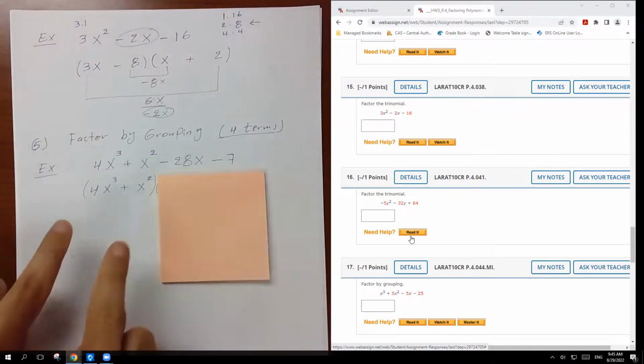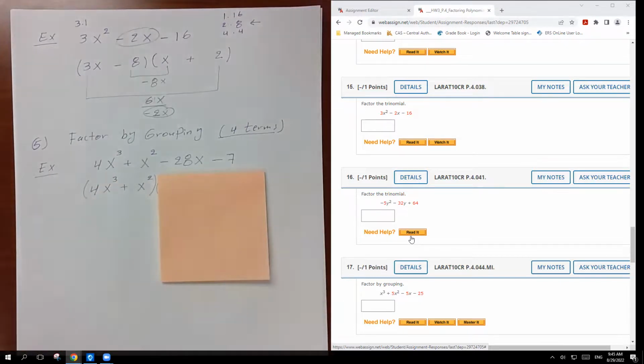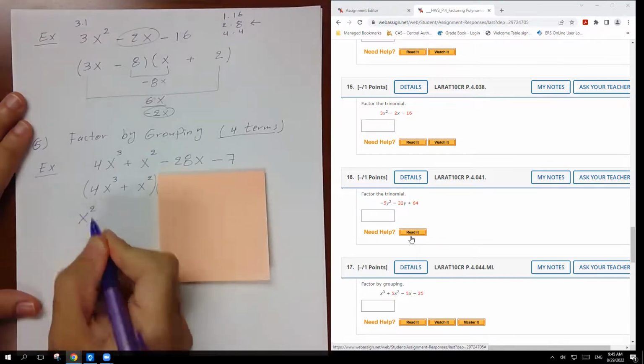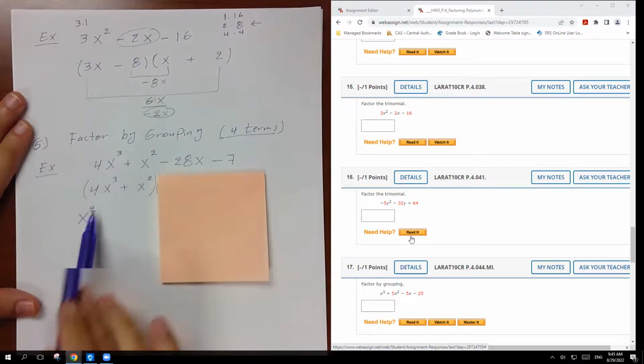Do you have a common factor between 4x cubed and x squared? Yes, the common is x squared.